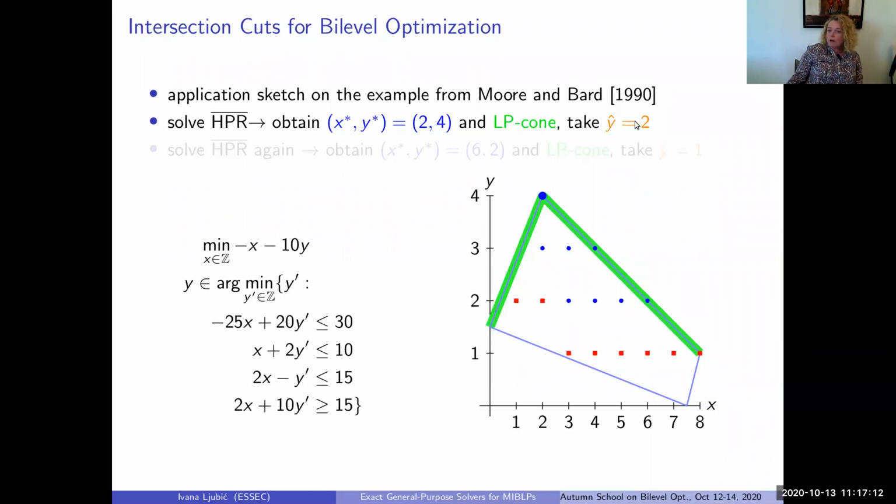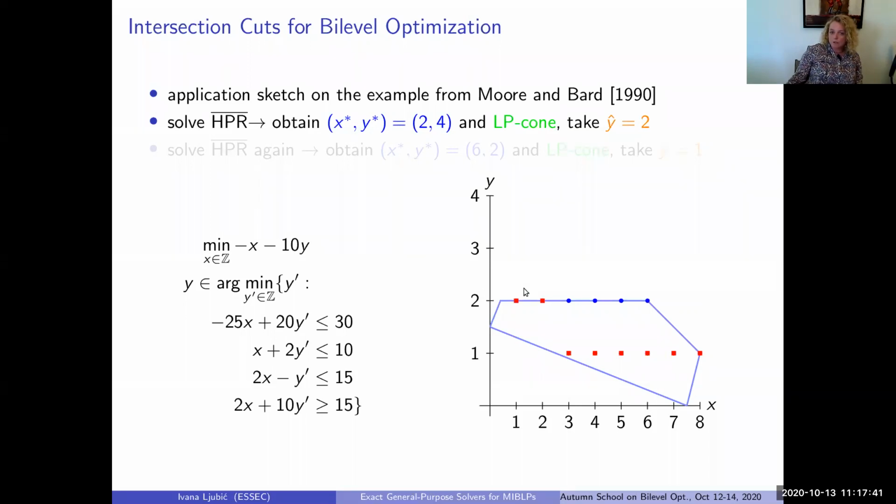If we take y hat equal to 2, then the set S looks like this. Everything which is greater or equal than 2 for the given value of x is cut off, and the intersection cut that we get removes a significant part of the HPR relaxation.